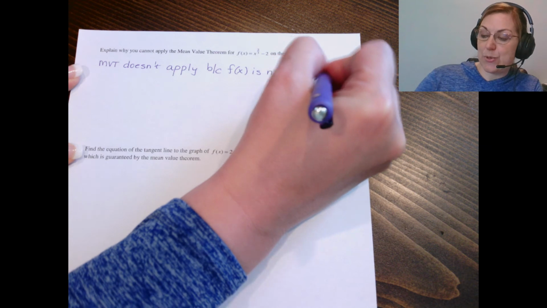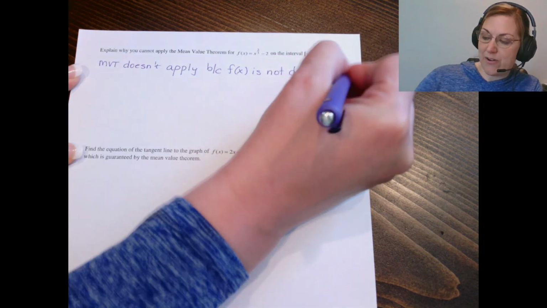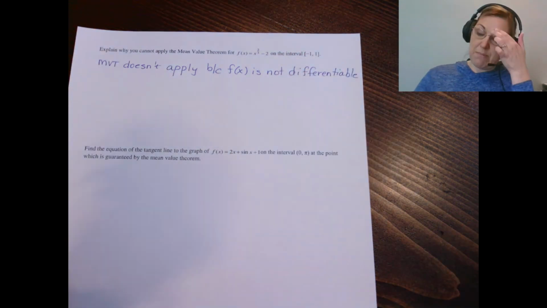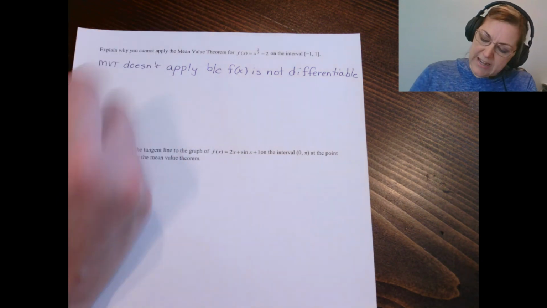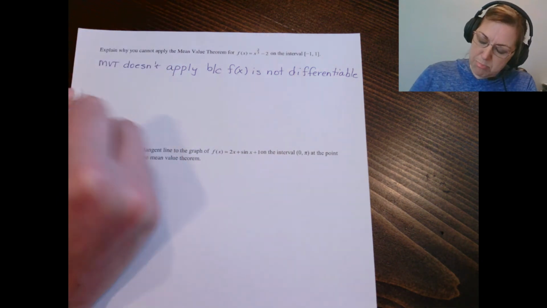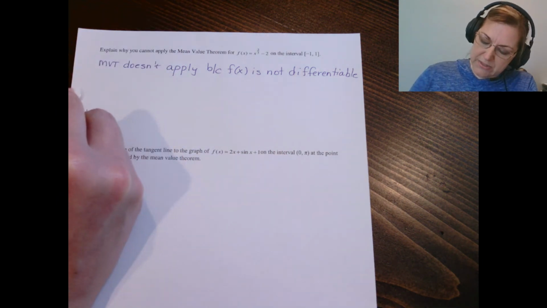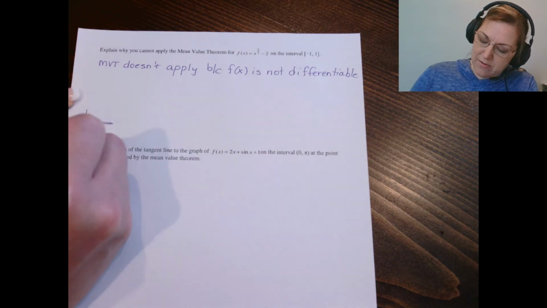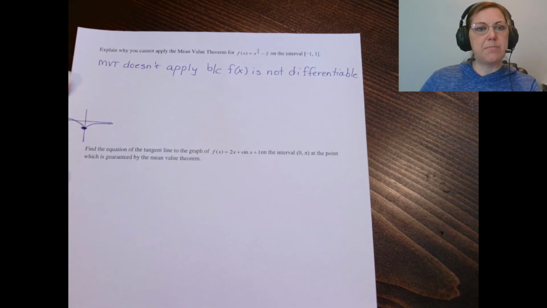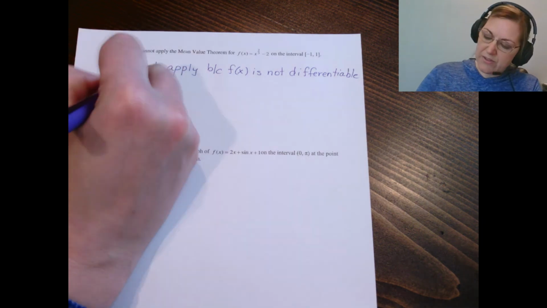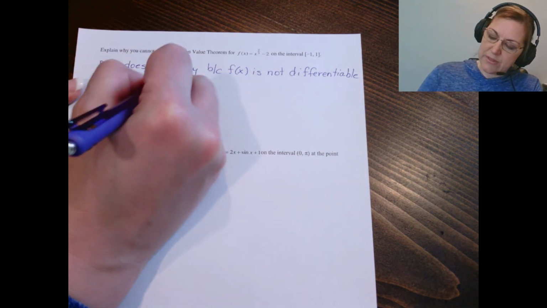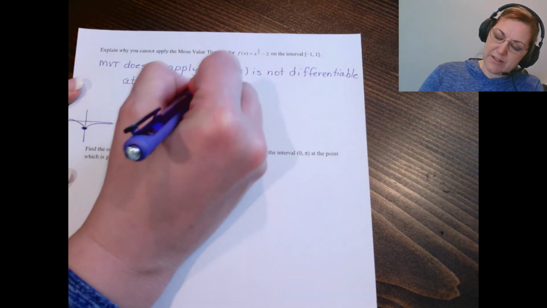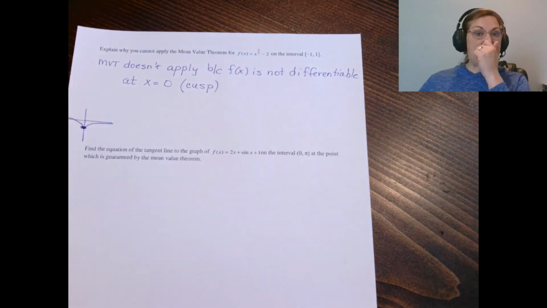We have dealt with this x to the 2/3 many times so far in our videos, but if you'll remember, it has a cusp. The cusp looks something like this, right? Got a cusp there. So it's not differentiable at x equals 0, and I'm going to put in parentheses a cusp.